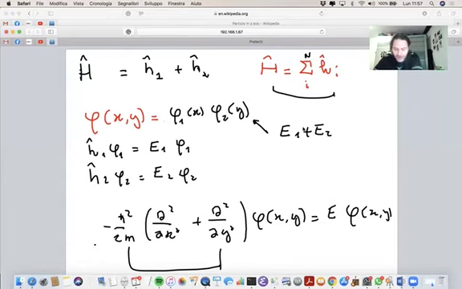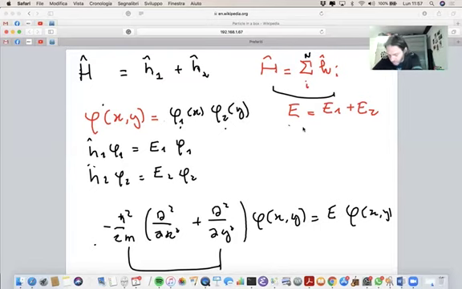Then the total wave function can be written as a product of wave functions that solve the corresponding stationary Schrödinger equation. The first one solves the Schrödinger equation for H1. The second one solves the Schrödinger equation for H2. The product of this solution is the solution of the complete Schrödinger equation, and the corresponding energy, which is associated to this solution, is obtained by summing the corresponding eigenenergy.